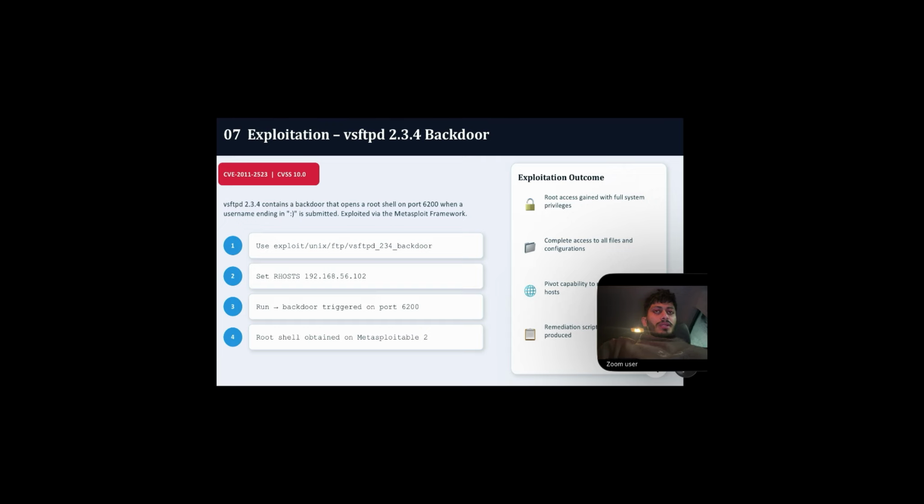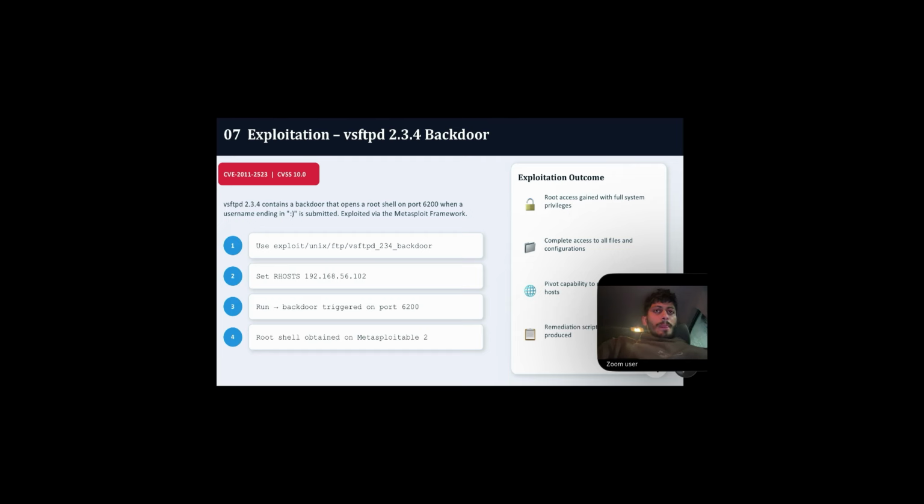Exploitation outcomes. The exploitation was successful and we obtained root level access on the Metasploitable 2 virtual machine. With root privilege, an attacker has complete control over the operating system. They can read or modify sensitive files, change system configuration, install malicious software, or even use the compromised machine to attack other systems on the network.